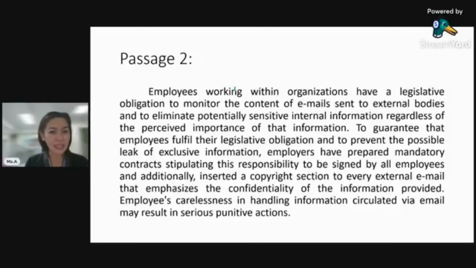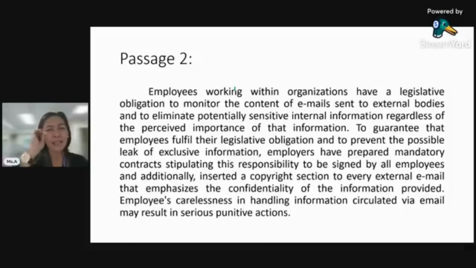It emphasizes the confidentiality of the information provided. So employee's carelessness in handling such information circulated via email may result, of course, to serious punitive actions.